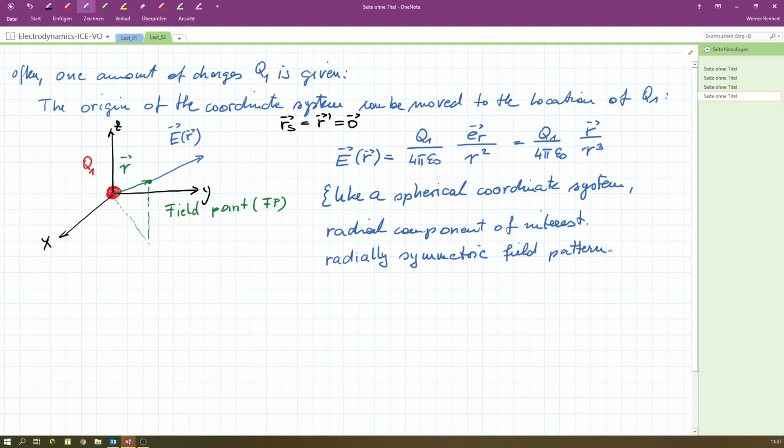So, what about the validity of this electric field E, the magnitude as well as the force?